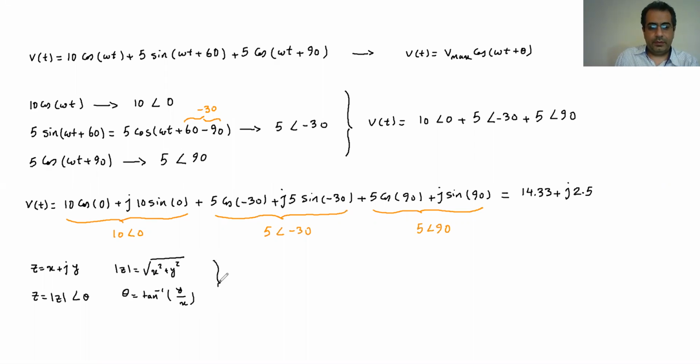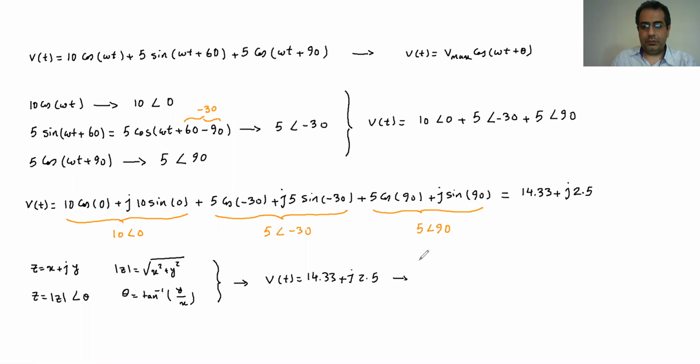Therefore here I have Vt is 14.33 plus j 2.5.